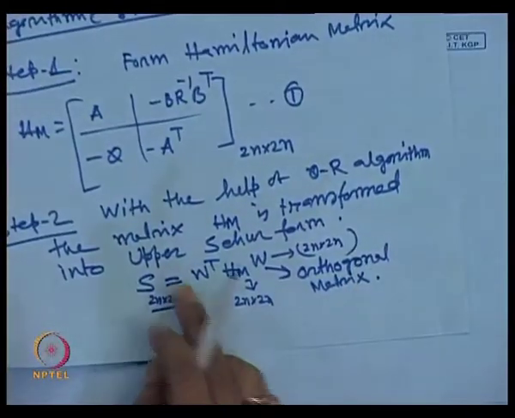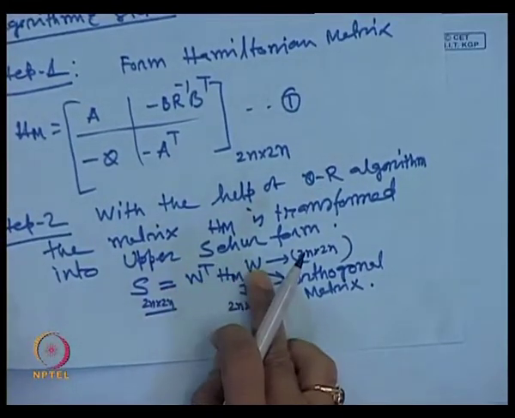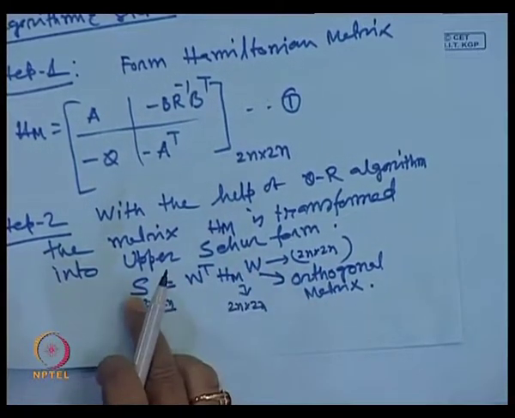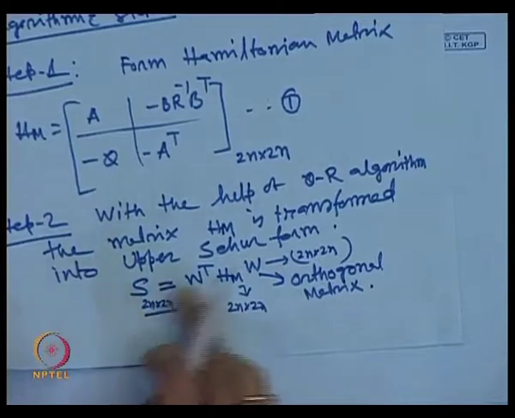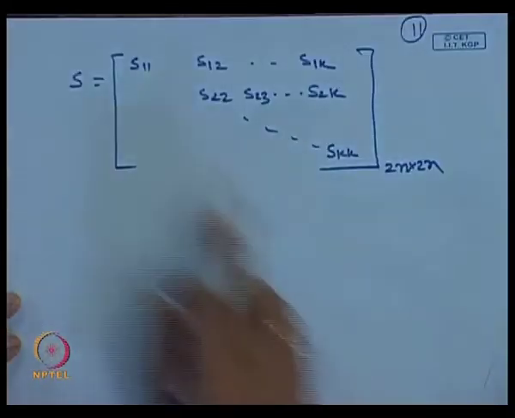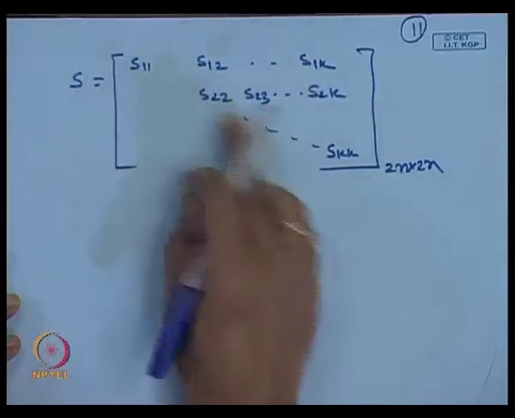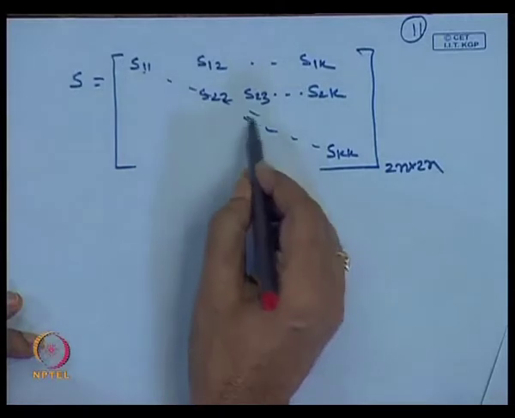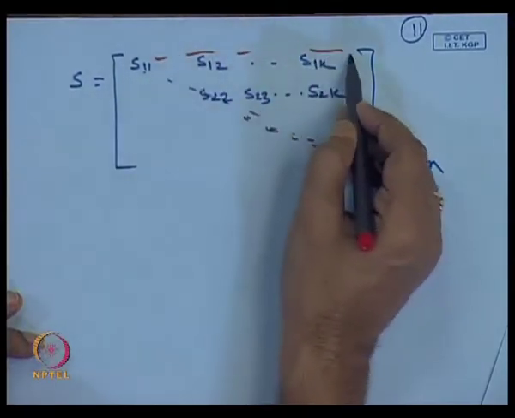Now, what you will do is a sequence of orthogonal transformations on H m such that when you pre-multiply by W transpose and post-multiply by W, the structure of the S matrix will be upper triangular in this form.